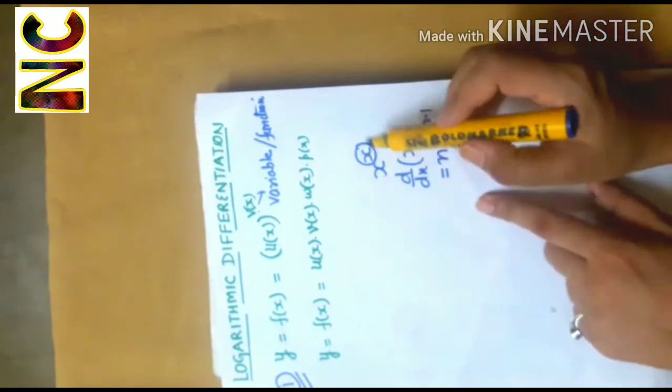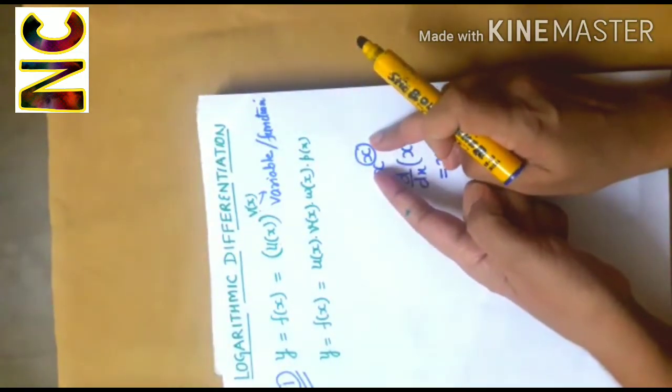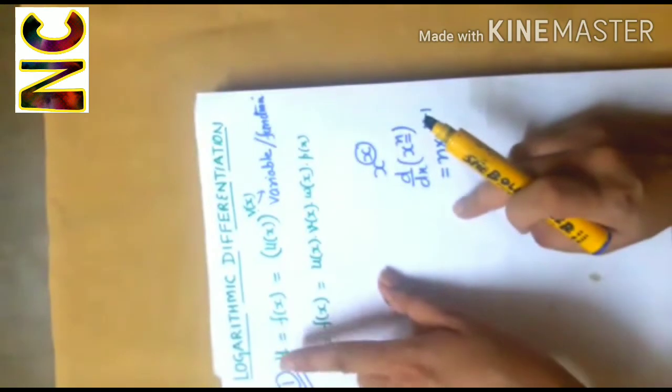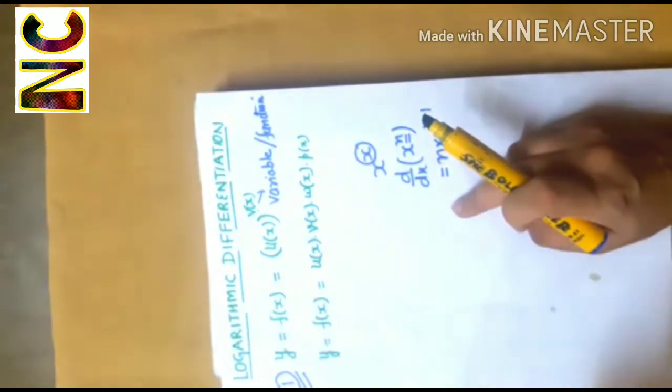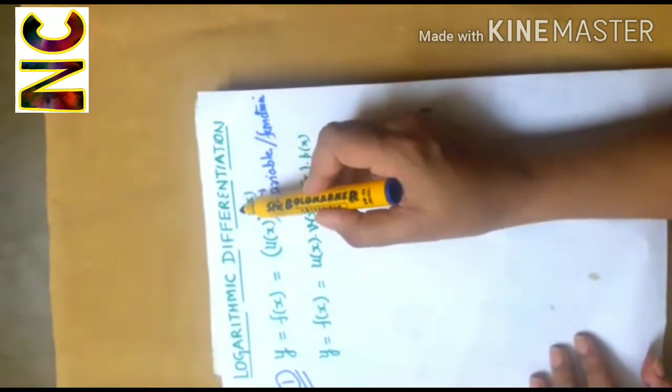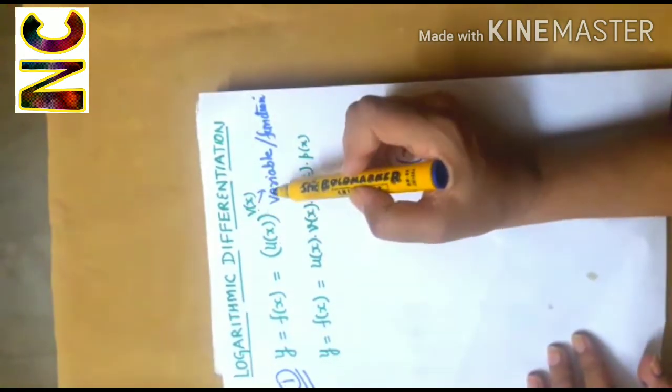So in order to differentiate this function, I'll make use of logarithmic differentiation. So this is one situation in which we use logarithmic differentiation, and the condition is that the exponent is a variable.